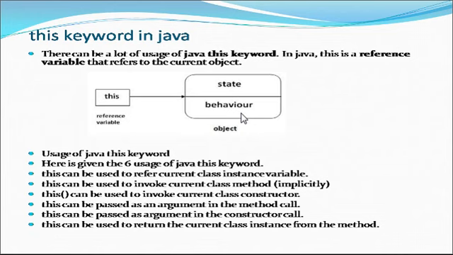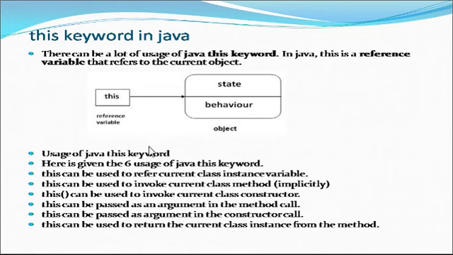First is state, which represents the fields and values of an object. Second is behavior, which represents the functionality of your object, and third is identity. Basically, identity is a hidden property of your object that is maintained by the JVM, and each object has a unique ID, and that unique ID is assigned by the JVM.